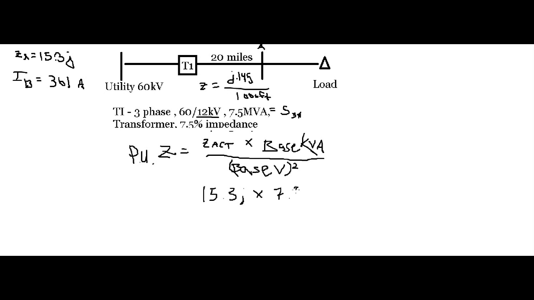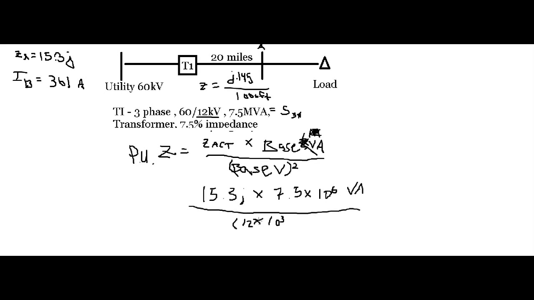So to calculate that, you just plug in the numbers. 15.3 j times 7.5 times 10 to the 6. Oh, this should be MVA. No, just volt amps. It should just be volt amps.